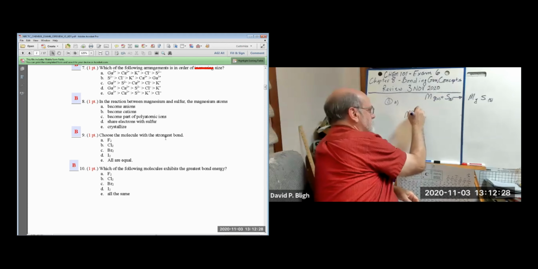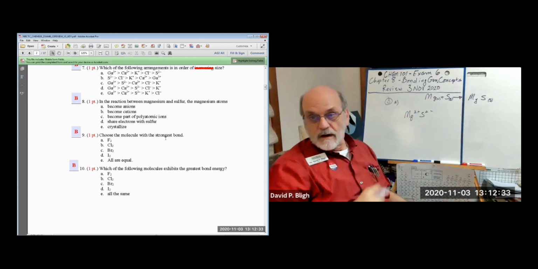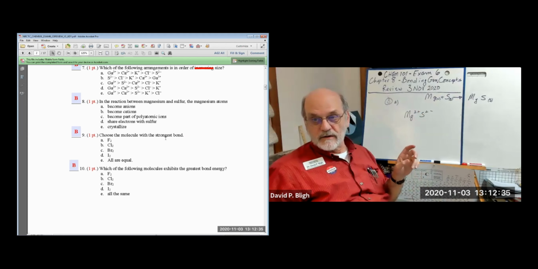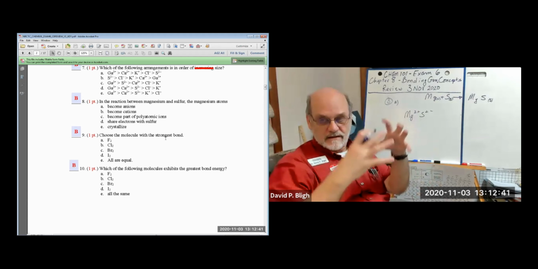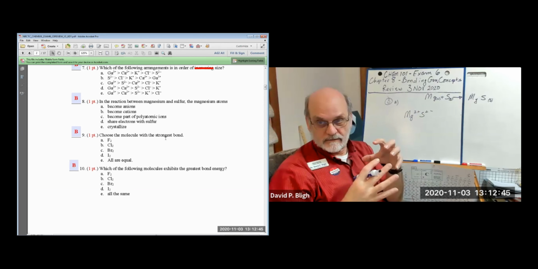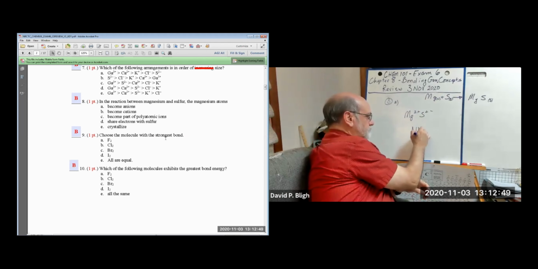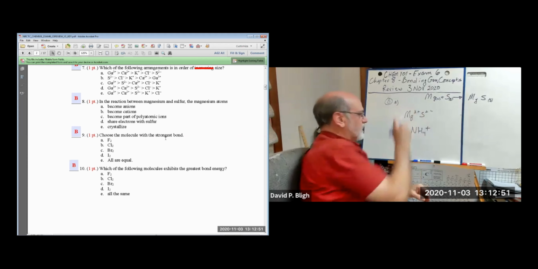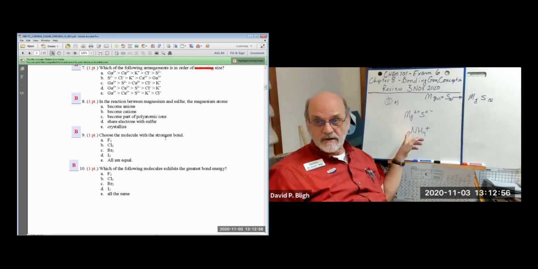Actually, no. All polyatomic ions are covalently bound. They do have a charge, but within the ion, all of the bonds are covalent. For example, the ammonium ion is a polyatomic ion.